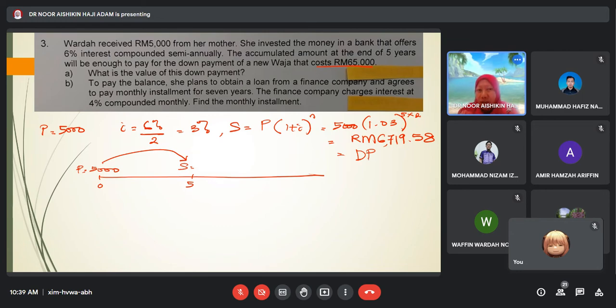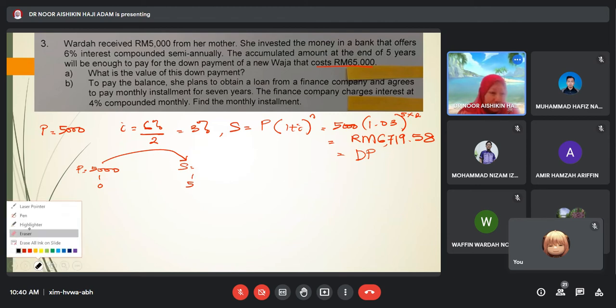So obviously dia kena cari loan kan? Betul tak? So what is the loan amount here? Saya rasa kita buat timeline lain supaya dia lebih clear. So kita buat from here until cerita kat sini je lah.